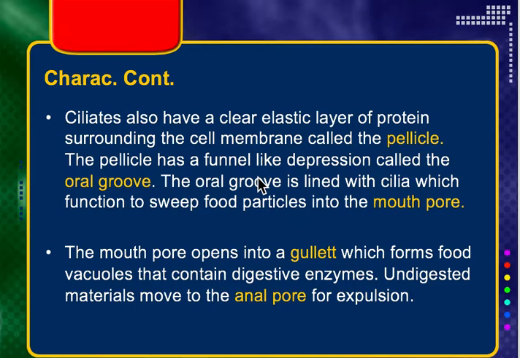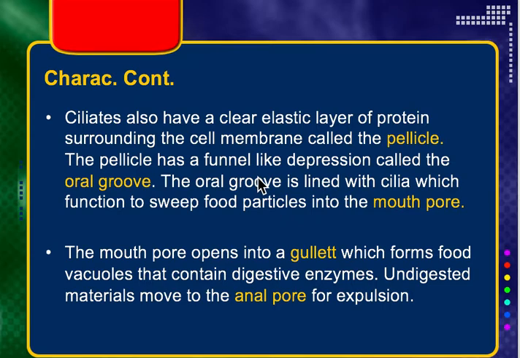So the way that these animals eat, they have to be able to filter food from their surroundings. So cilia actually have two functions. It's going to help them in movement, but with the paramecium, it's also going to aid in feeding.